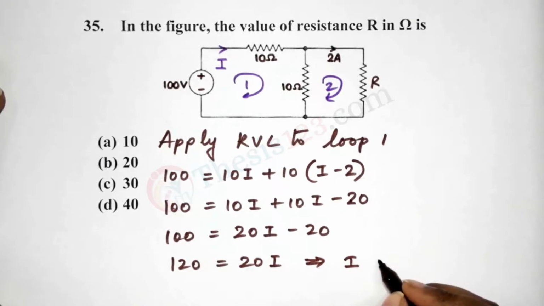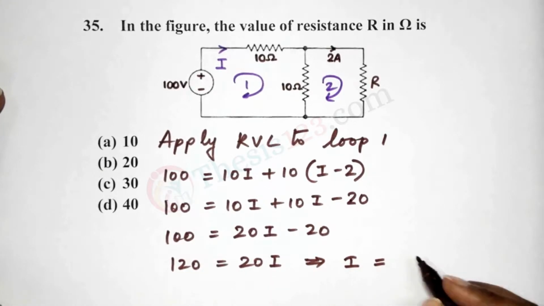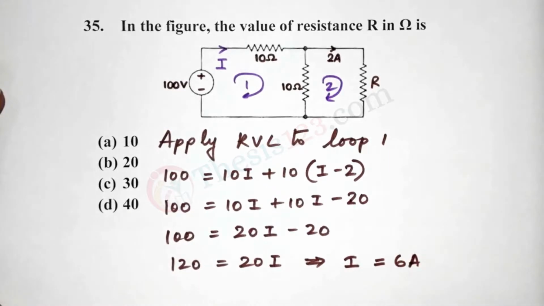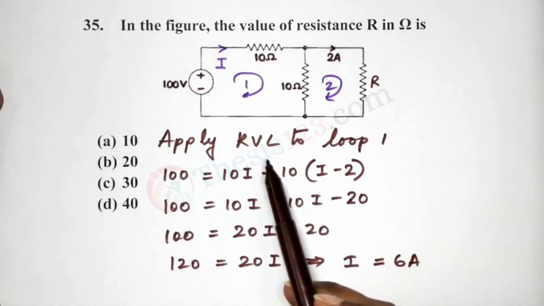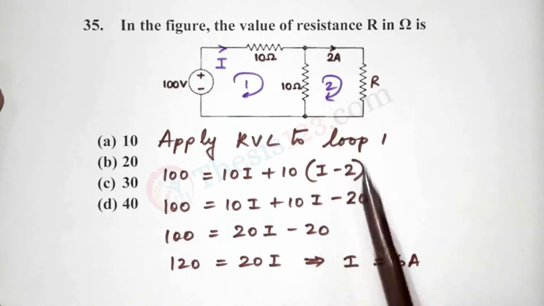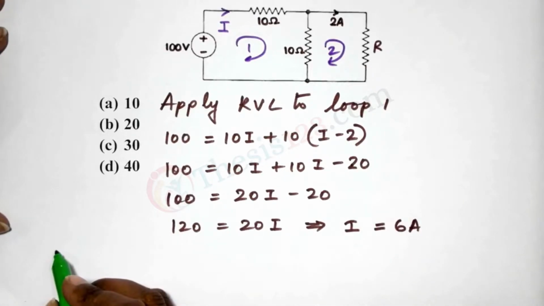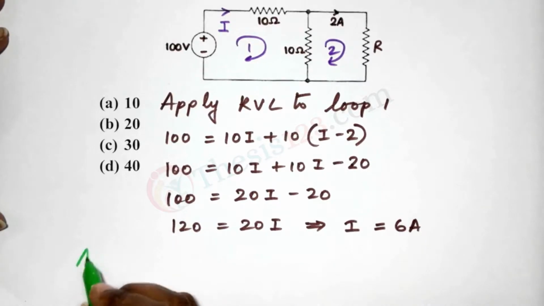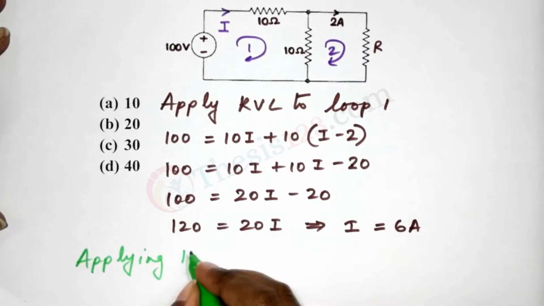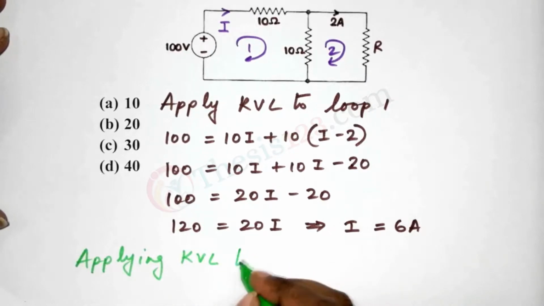I equals 6 amps. Now we'll apply KVL to the next loop. Alright, now applying KVL to loop 2.